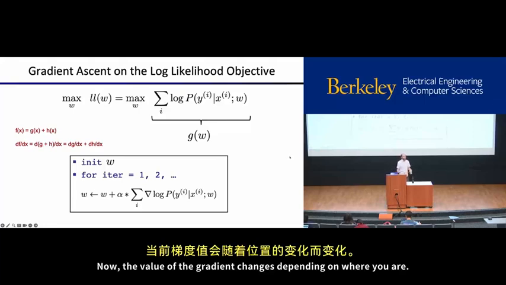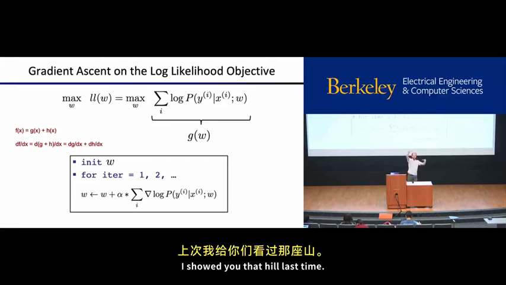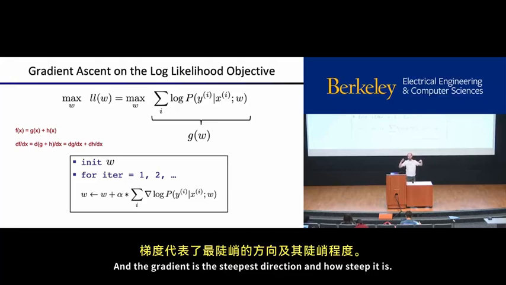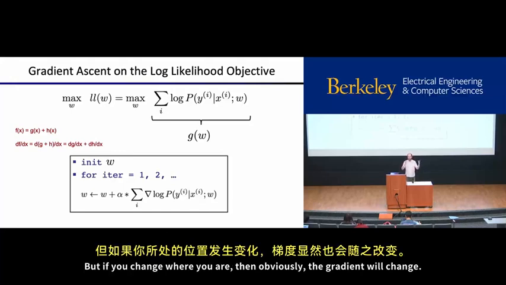Now, the value of the gradient changes depending on where you are. I showed you that hill last time, and the gradient is the steepest direction and how steep it is. But if you change where you are, then obviously the gradient will change.